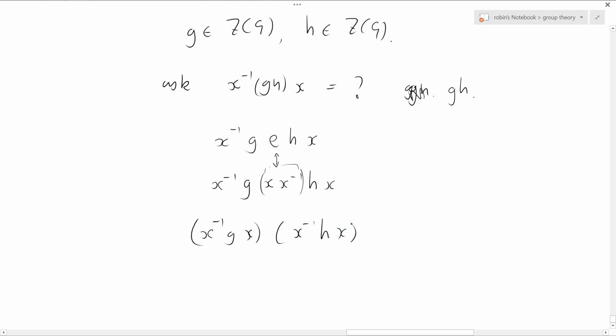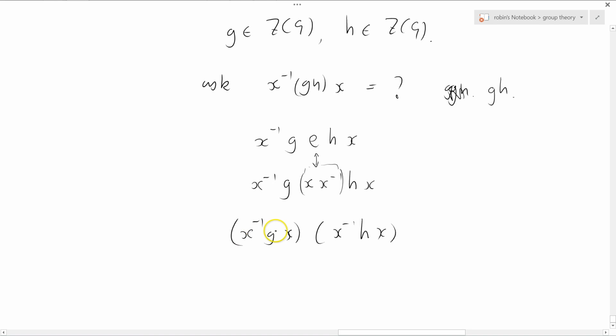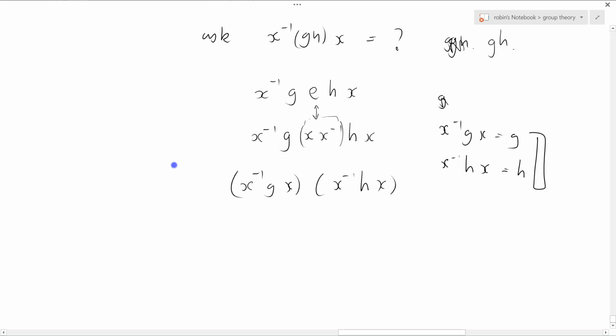You know that g and h are separately in the center, so you know that x minus 1 gx equals g, and x minus 1 hx equals h, by definition, because you have specified that g and h are in the center. So the whole thing is equal to gh.